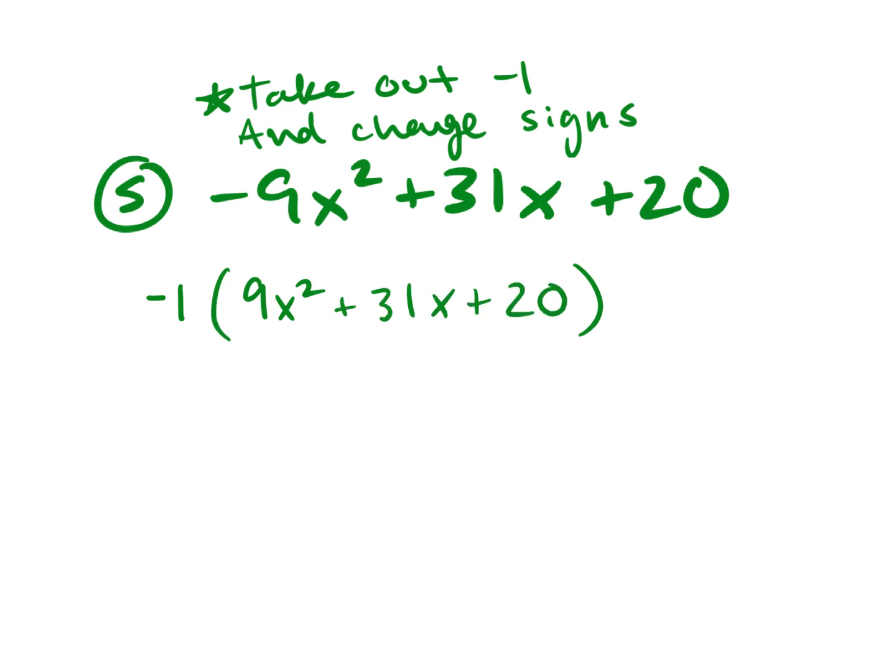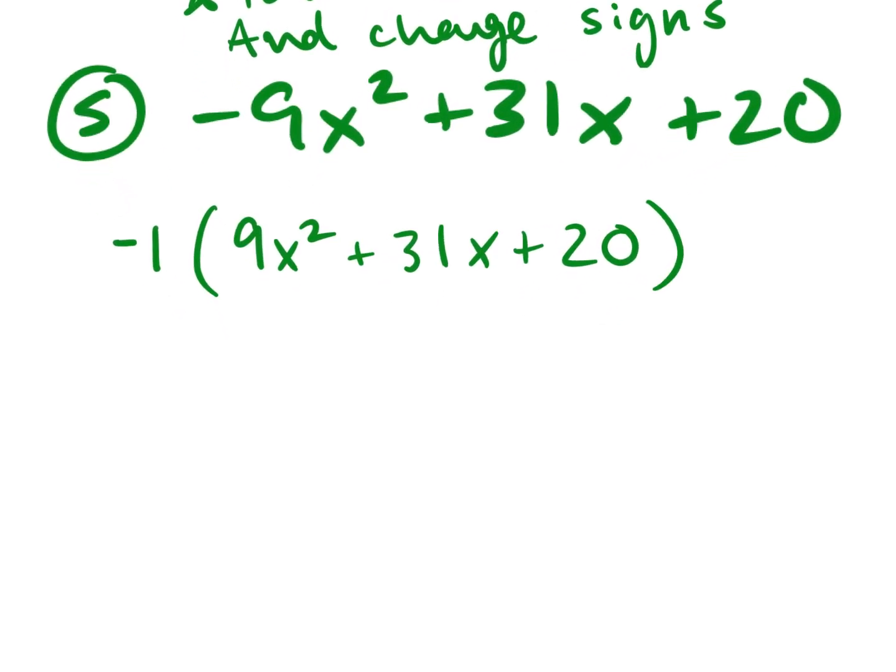Do I have a GCF here? Anything that divides into 9, 31, and 20? No. So since our leading coefficient is 9, what do we have to do to solve? What do we do to solve when our leading coefficient, the first number, is not 1?